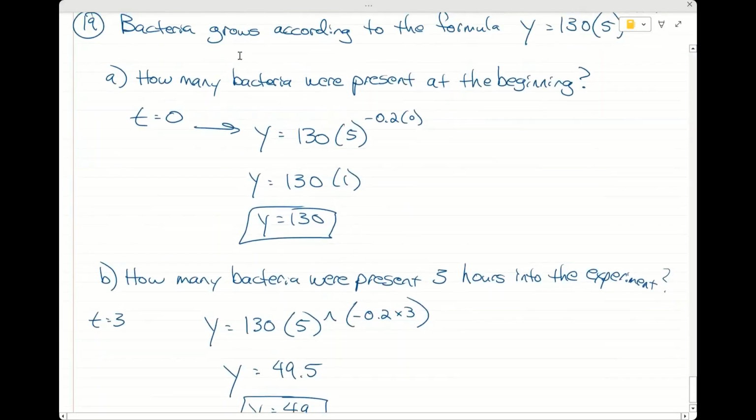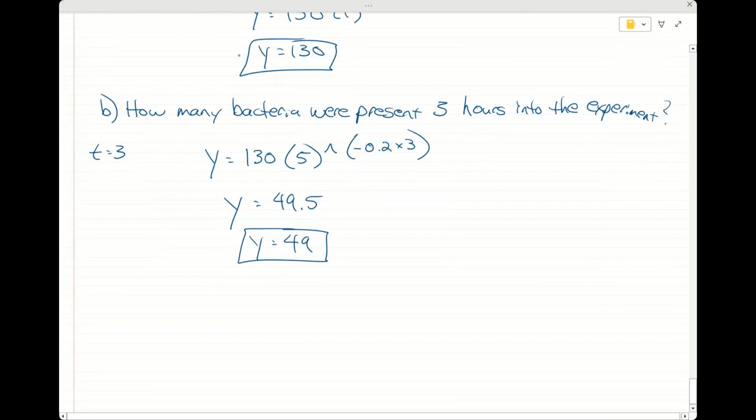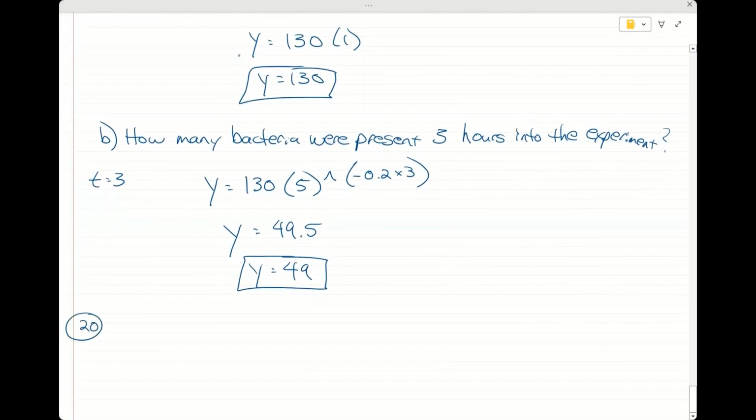All right, a couple other word problems here I would focus on.